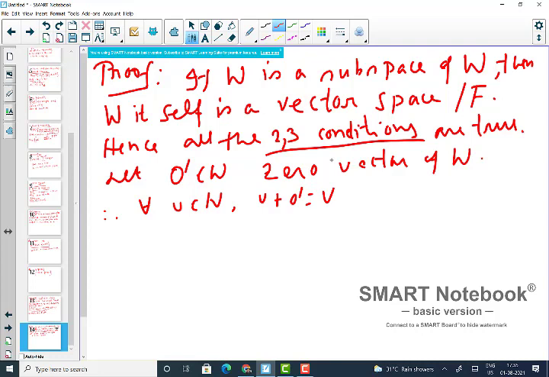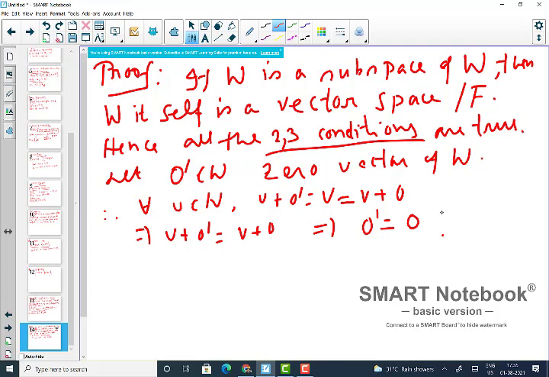So this is true for every element. But again, we know that v is an element of V, so v is also equal to v plus the original 0 of V. So that means v plus 0 dash equals v plus 0, and now you just add minus v to both sides, and that gives you 0 dash equal to the original zero vector. Okay, so this is the proof actually. Other two conditions are true, obviously.